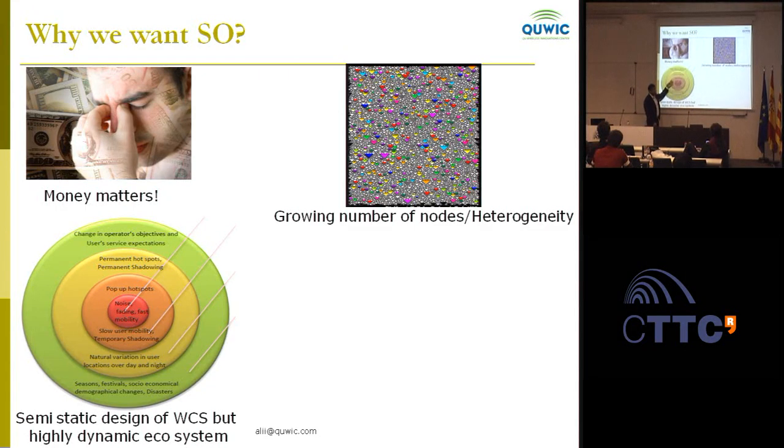And when some people got out of this limited scope, they went at the most towards pop-up hotspots, slow user mobility, or temporary shadowing. But these variations are a reality; a cellular system goes through all these different kinds of variations through its life cycle.